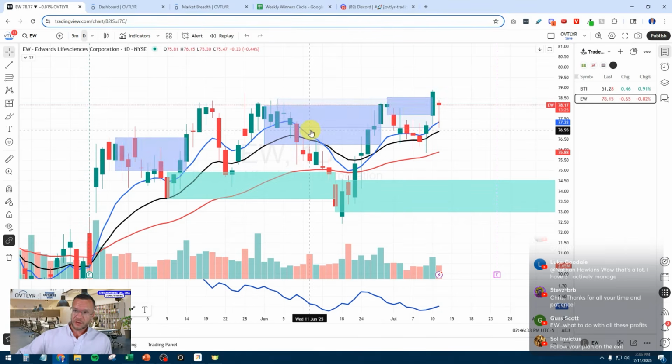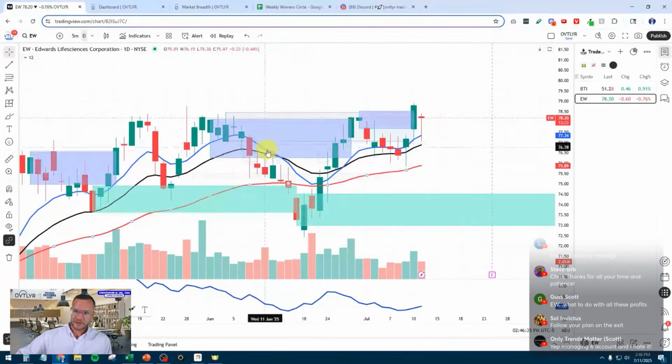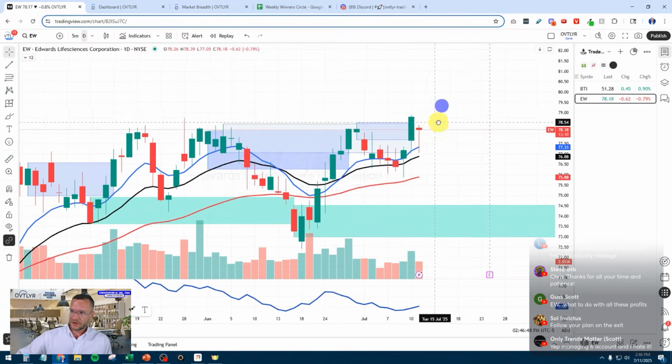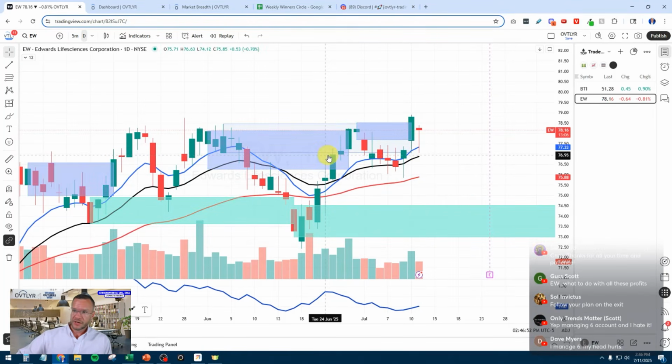Now, right here, it actually cleared 1, 2, 3 different order blocks on this previous candle. 1, 2, 3 order blocks were cleared. That is a great sign. Now it's come down a little bit since the day prior, but that's okay. It still looks great. Exactly what I'm looking for. Order blocks, like I said, are areas of support and resistance, and we just blew through that resistance yesterday. Pull back slightly, but I'm okay with that.